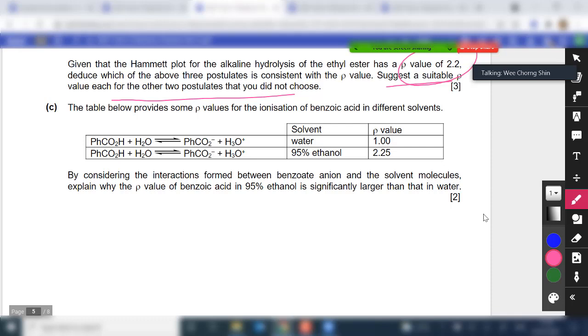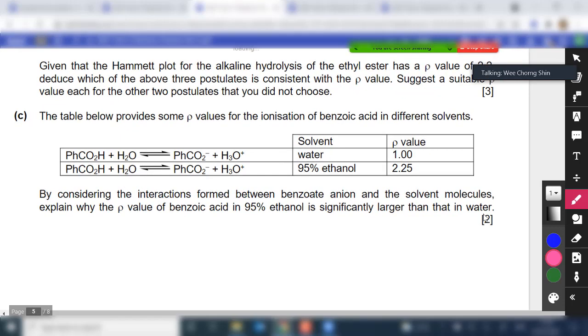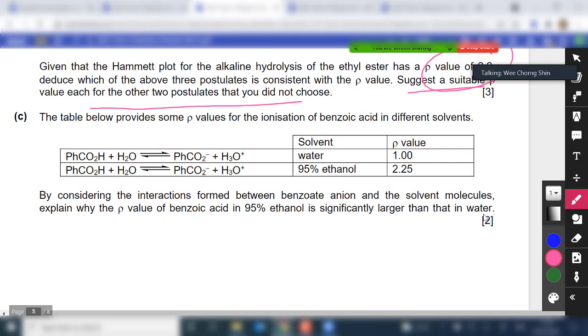For part C, you have some of the rho values for the ionization of benzoic acid. Actually this is very beautiful chemistry because you realize that with different solvents, you get different rho values. So the sensitivity of the substituent is related to the solvent as well. From here they ask you, by considering the interaction, so you know it's ion dipole interaction or hydrogen bonding with water, why the rho value of benzoic acid in 95 is significantly larger.